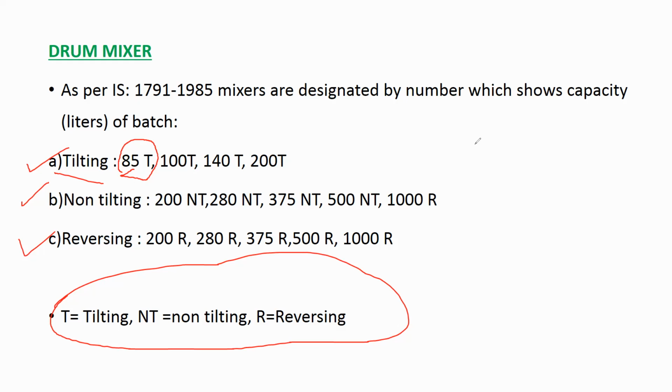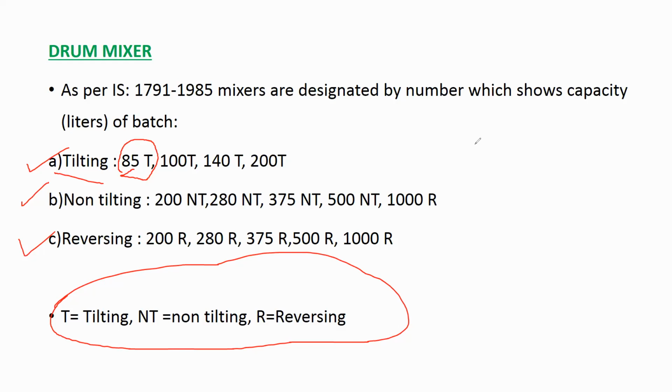Tilting means moving from one side to another on one particular axis. In the coming slide, there is a figure, and I will explain there what tilting and non-tilting are. Just understand that tilting means it will be rotating on its axis. That's why it is called tilting. Tilt means it will move on its axis. It will rotate. That is tilting.